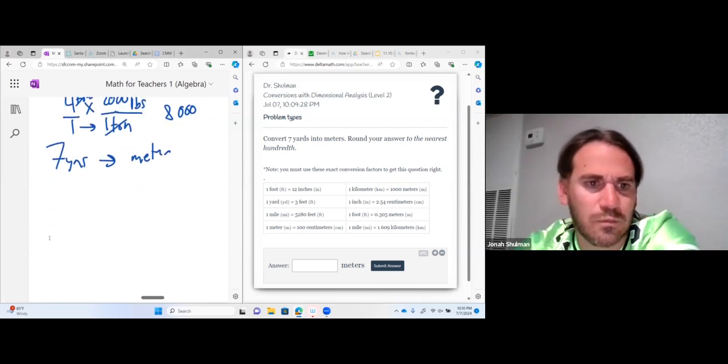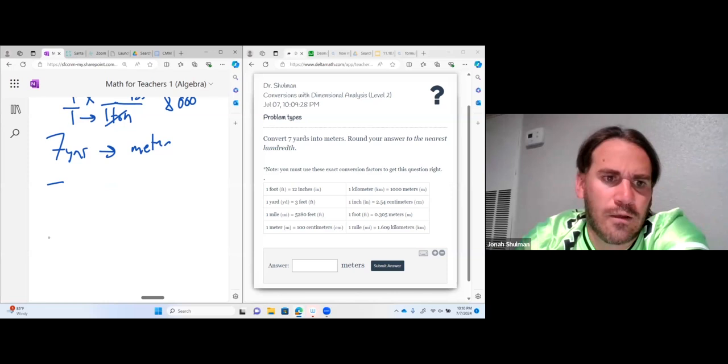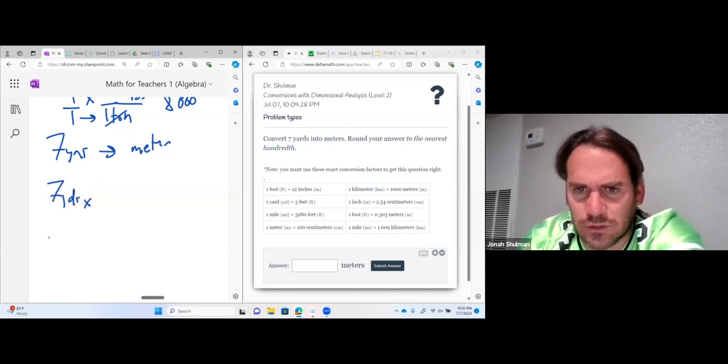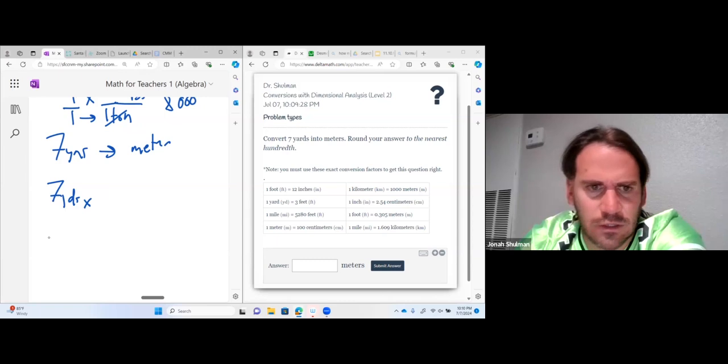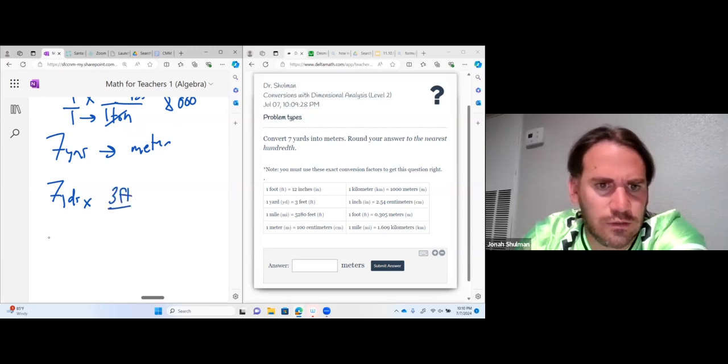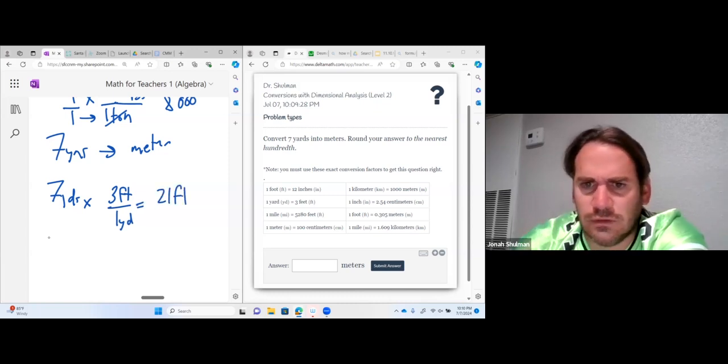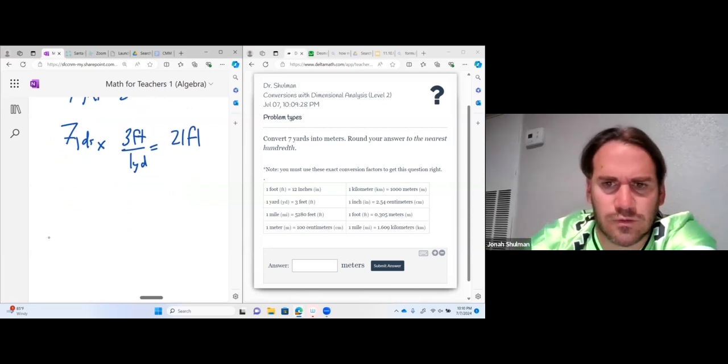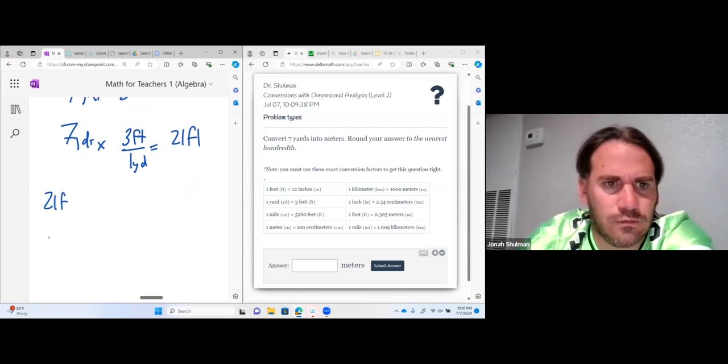So here's the first part of the conversion. 7 yards. We're going to multiply what we want. Let's turn this yards into feet. That's going to be 3 feet for 1 yard. So now I have how many feet? 7 yards is 21 feet. Cool. Now let's take this feet and turn it into miles. So we have 21 feet.